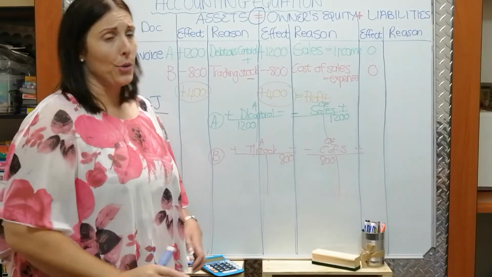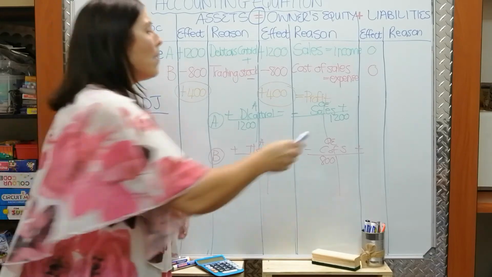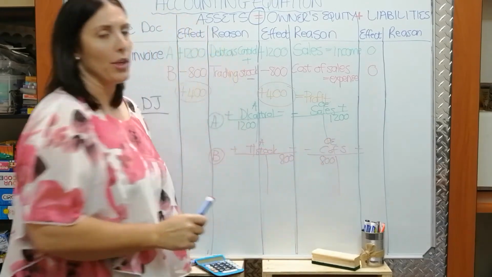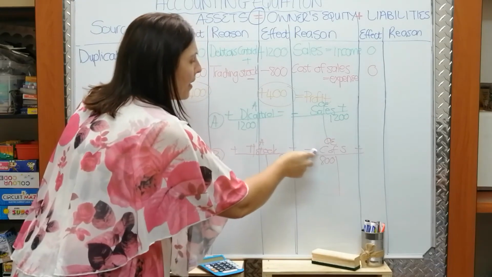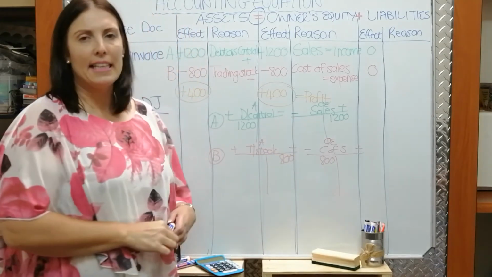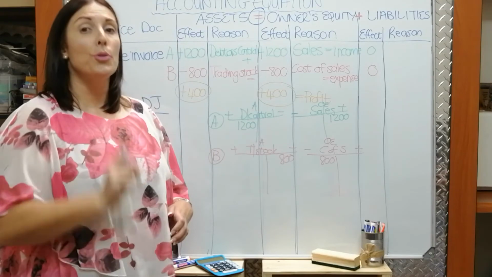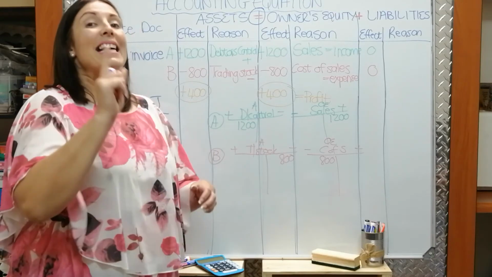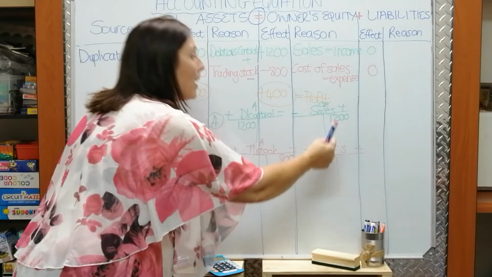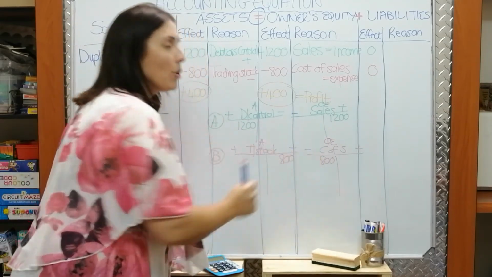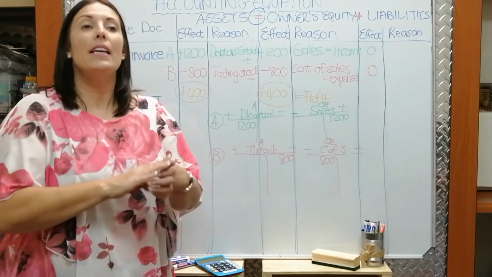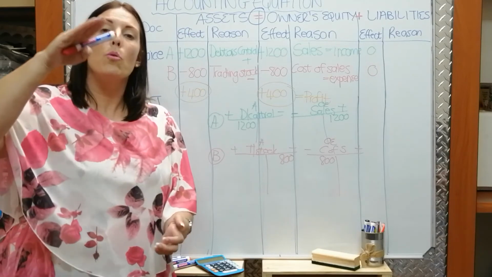Now I know that many students battle with this one especially. Why? To them, if they look at this, they say, okay, but cost of sales is decreasing with 800 Rand. No, remember, an expense affects the owner's equity. So the expense is not decreasing here. In fact, the expense becomes more and more and more.